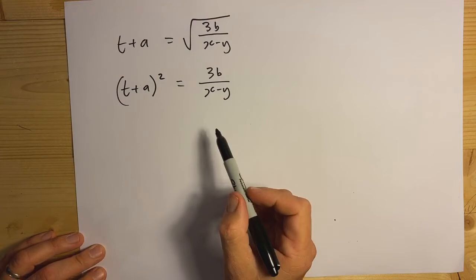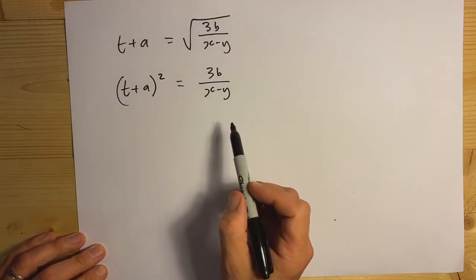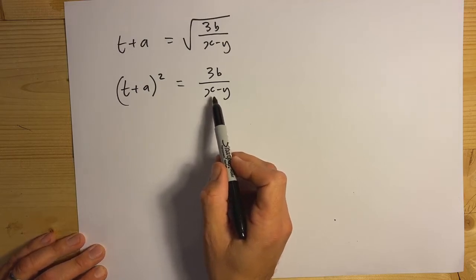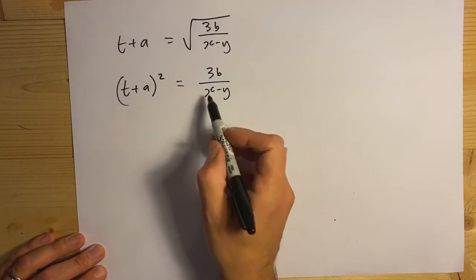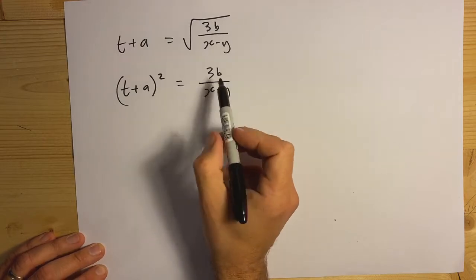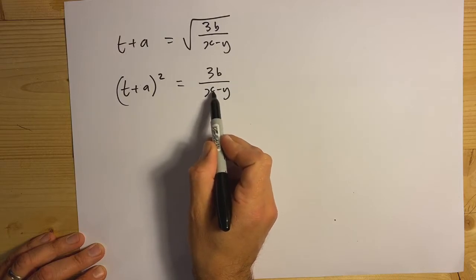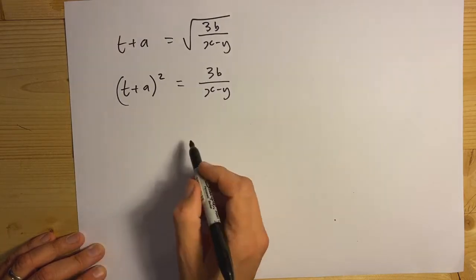Okay, this makes things a little easier now. So we want to get the x term by itself. What we can do is treat the x minus y as a unit for the time being. If we multiply both sides by x minus y, then that will help us get x to the top half of our fraction.